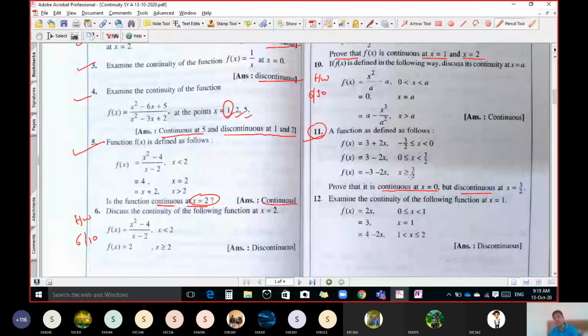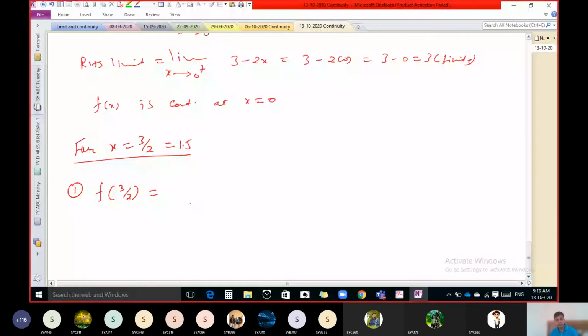So we select the third one, minus 3 minus 2x. Now put x equal to 3 by 2. The 2 cancels. So we get minus 3 minus 3, which is minus 6.